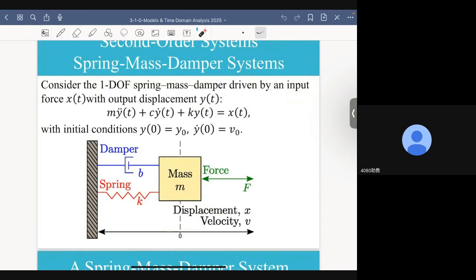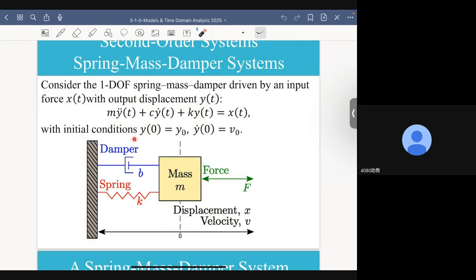Let's review what we have learned about the fabulous spring mass damper system. This is a schematic diagram of a spring mass damper system, and this is its equation of motion. M represents the mass, C is the damping coefficient, and K is the spring constant.